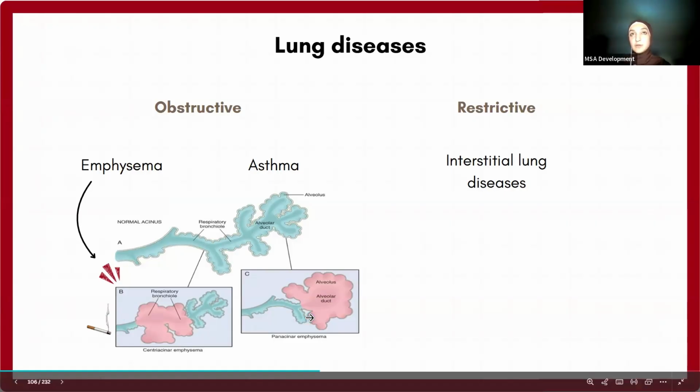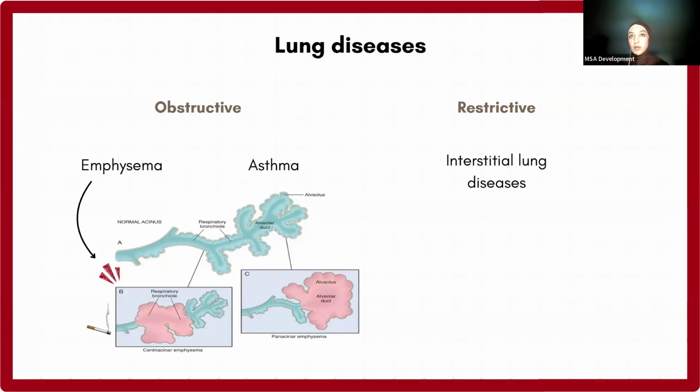For panacinar emphysema, it affects the lower lobes, and this type is primarily due to deficiency in alpha-1 antitrypsin. And restrictive lung diseases, it's another thing. It's subdivided into interstitial lung diseases, which we'll discuss later through the rest of them.